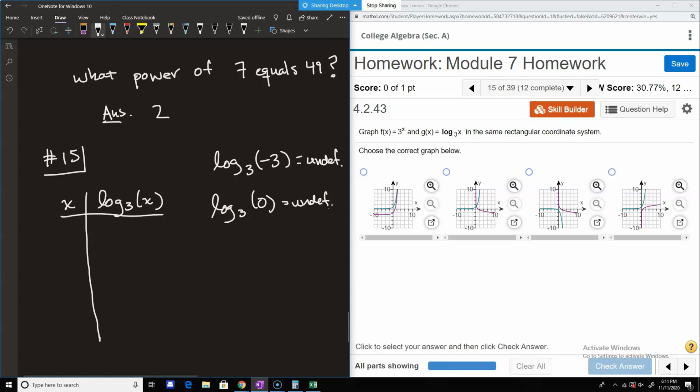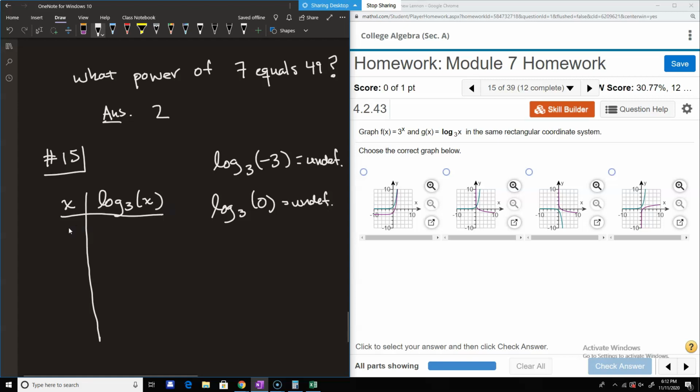Another place is to think about answering that question: what power of 3 is x? That means if we want to do it in our head, we probably want to plug in powers of 3, because that would make the question very easy. So what are some easy ones? Either 3 raised to some power or 1 divided by 3 raised to some power.